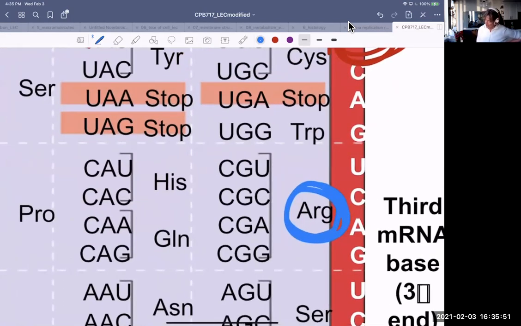Its codons are CGU, CGC, CGA, and CGG. Those are 4 different codons that all code for arginine. Well, if there's a mutation in this one, it doesn't matter. It can be a U, C, A, or G. But if the middle one is mutated from a G to something else, well, that will affect the codon and its translation, of course.